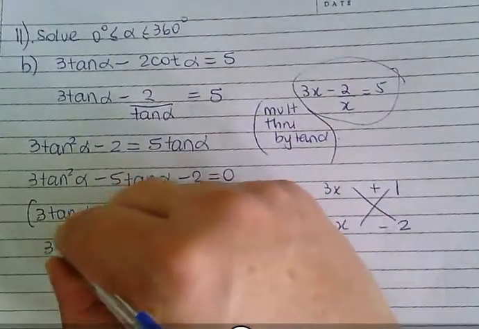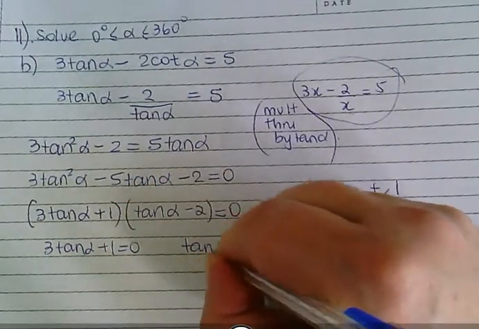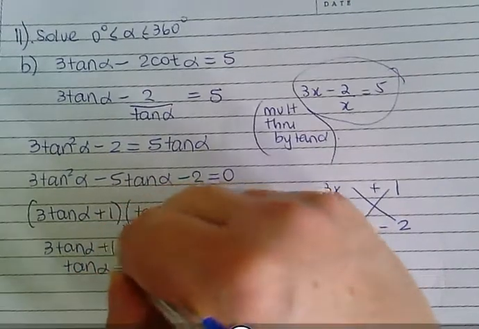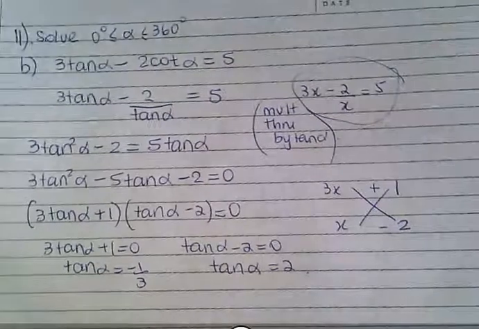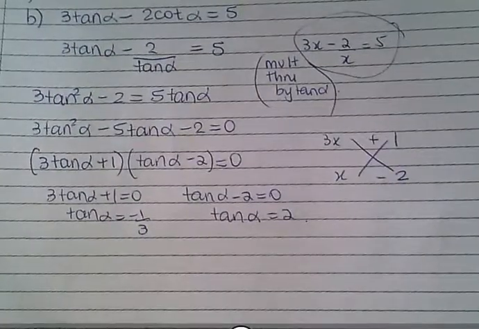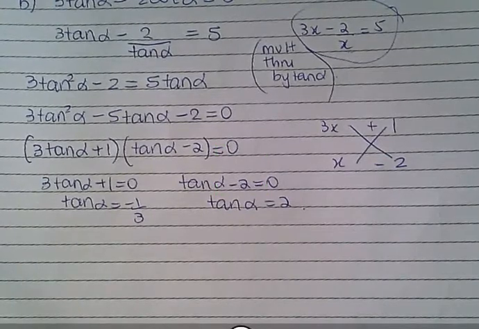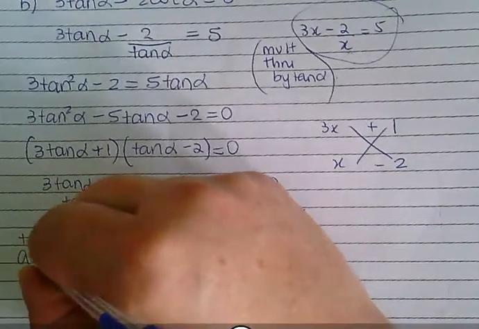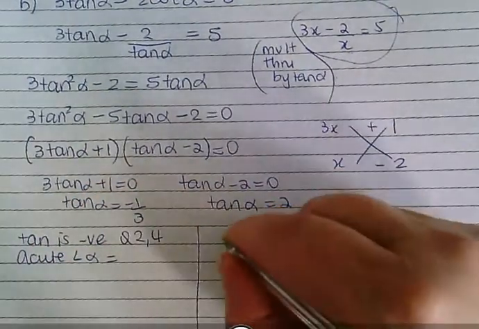And so therefore 3 tan alpha plus 1 is 0, or tan alpha minus 2 is 0. In other words, tan alpha is negative a third, or tan alpha is 2. And we keep going. Tan is negative in quadrants 2 and 4, and the acute angle alpha is whatever.